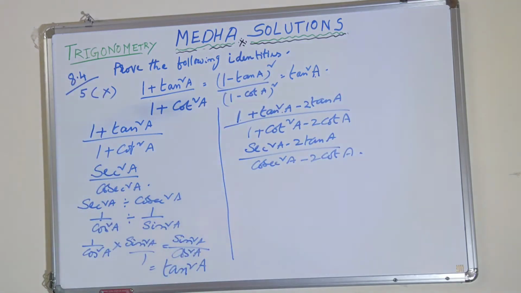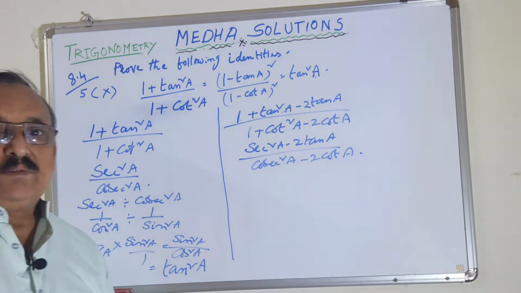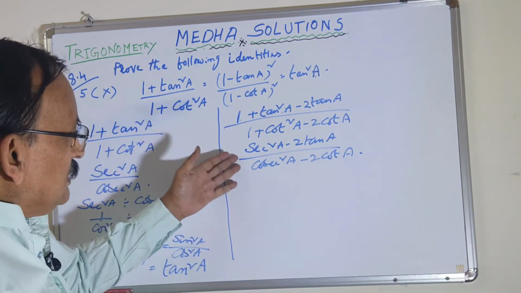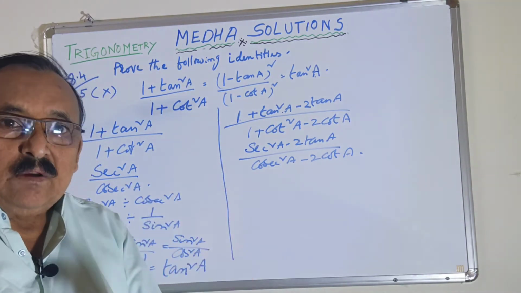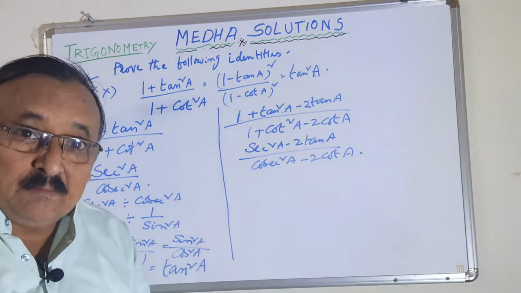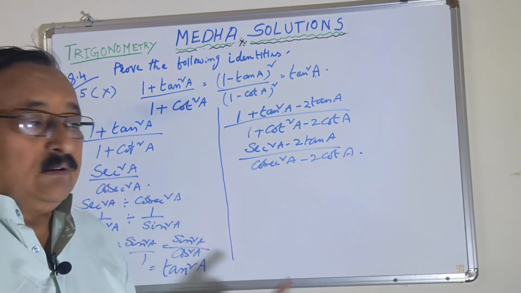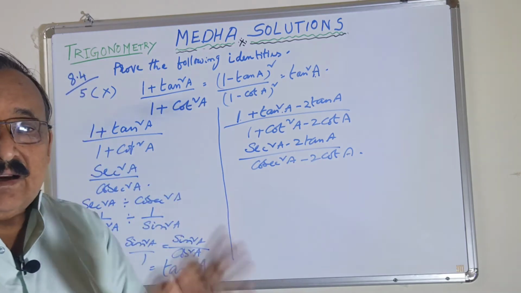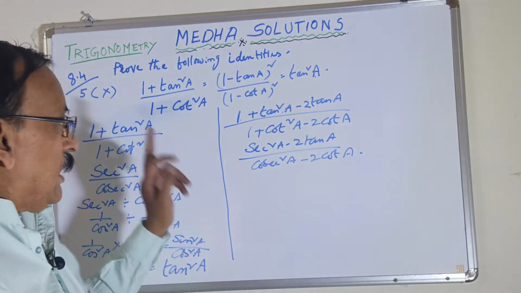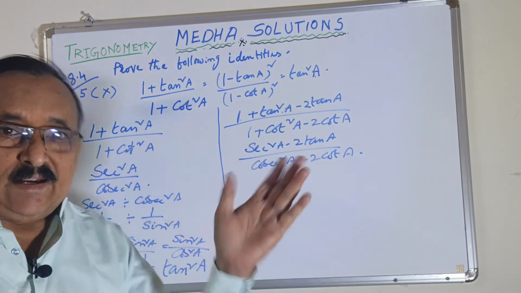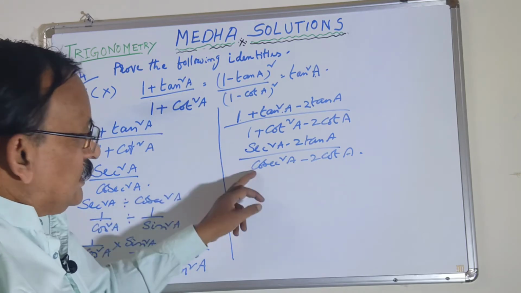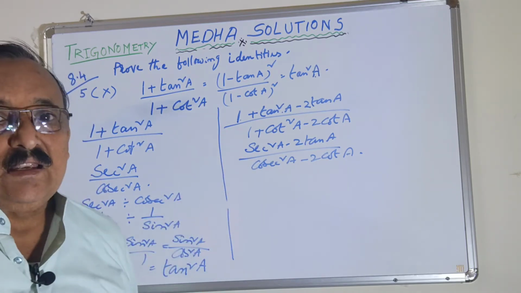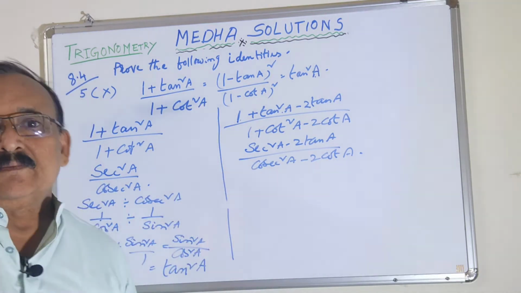Now hereafter a very important point is that all these values should be converted into sin and cos. In this chapter, in this exercise, 90% of the time we have to convert everything exclusively into sin and cos. Other values we have to convert into sin and cos, then only it is easy to find out the things.